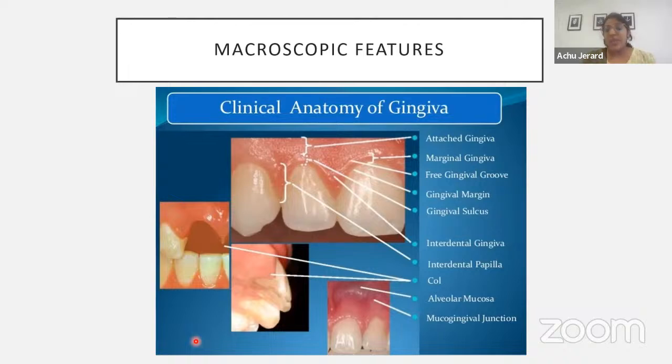Mainly, gingiva can be divided into three parts: marginal gingiva, attached gingiva, and interdental papilla. These are the three main parts, and you have various other sub parts which demarcate each of these parts. We'll see them one by one in detail.